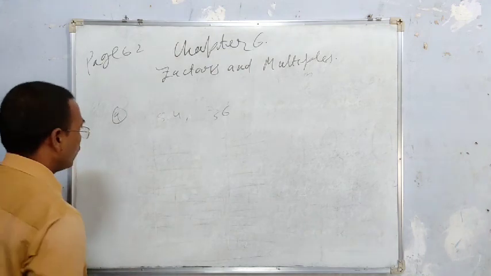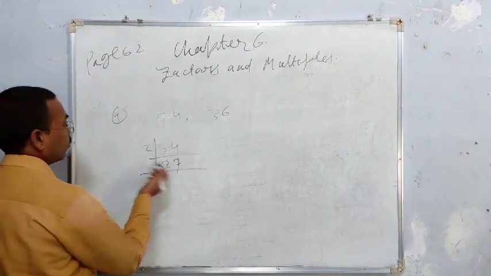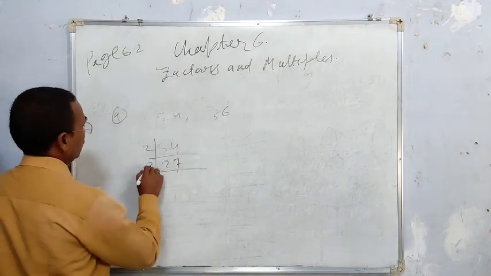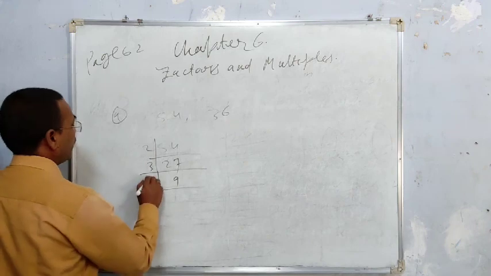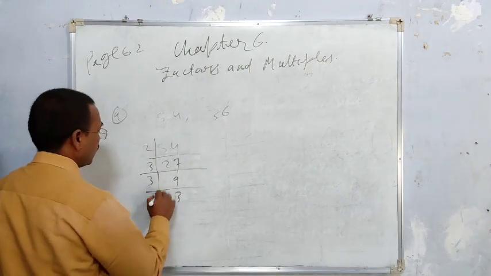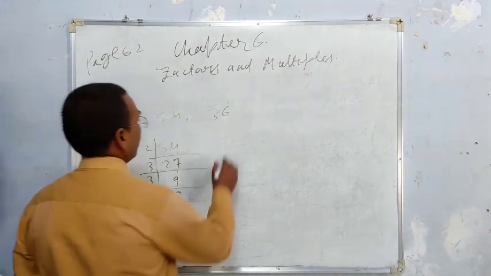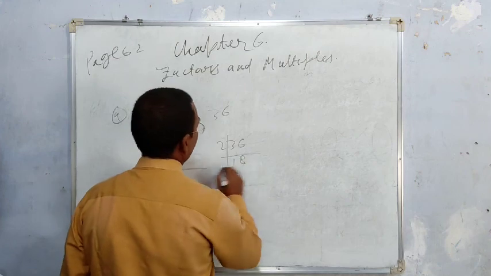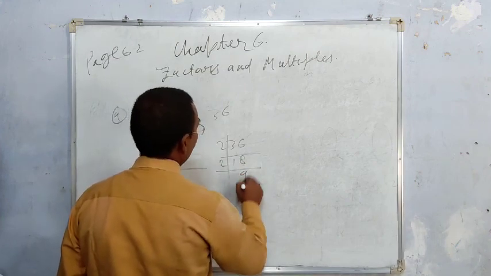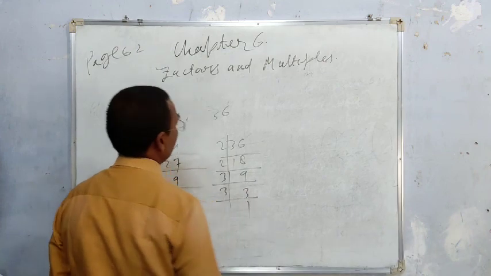So the prime factorization of 54 is: 54 divided by 2 is 27, 27 divided by 3, 3 9s are 27, and 9 is divided by 3, 3 3s are 9, and 3 is divided by itself. Now 36 divided by 2 is 18, 9, 3 3s are 9 and 3 1s are 3.